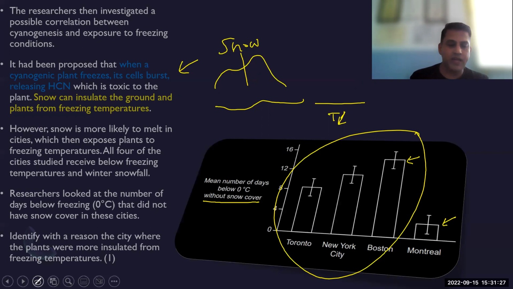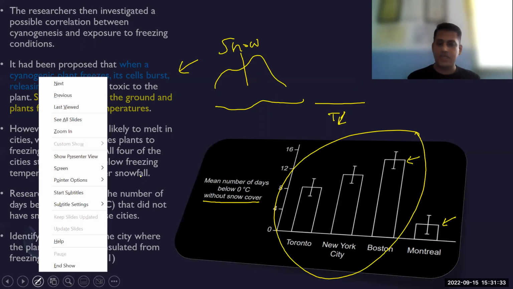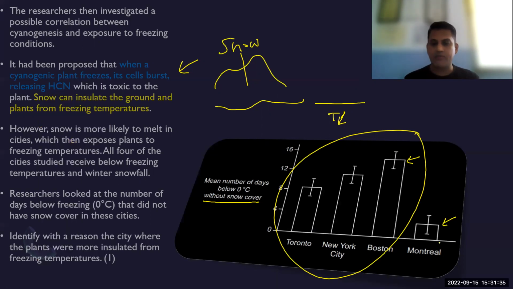So we identified Montreal as the city because it has fewer days below zero without snow cover, so fewer days. So we can take Montreal, right?